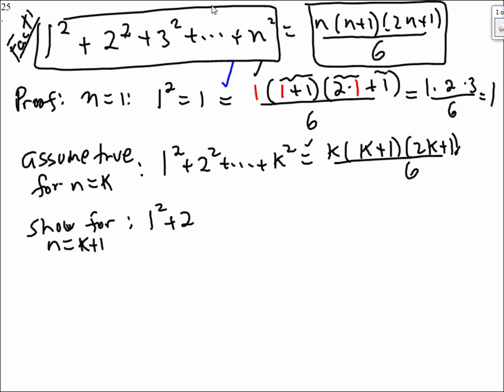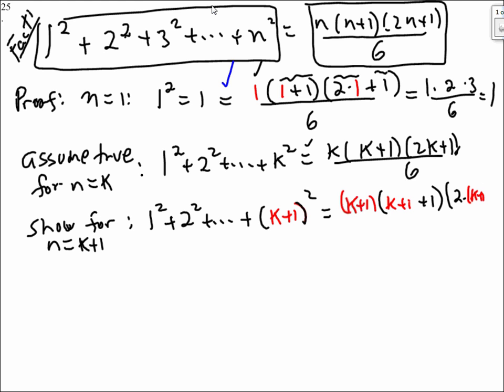So 1 squared plus 2 squared all the way up to k plus 1 squared, and this is equal to k plus 1 times k plus 1 plus 1 times 2 times k plus 1 plus 1. But due to lack of space, let me write this down again.